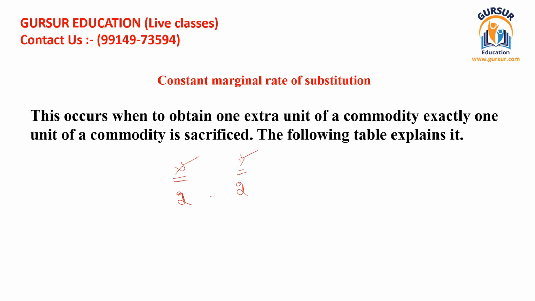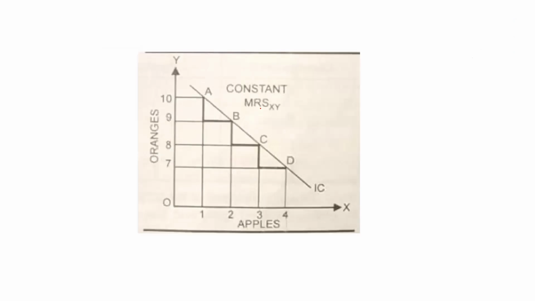When you are sacrificing in exactly the same proportion, whatever curve you get is known as constant marginal rate of substitution. This occurs when, to obtain 1 extra unit of a commodity, exactly 1 unit of the other commodity is sacrificed.